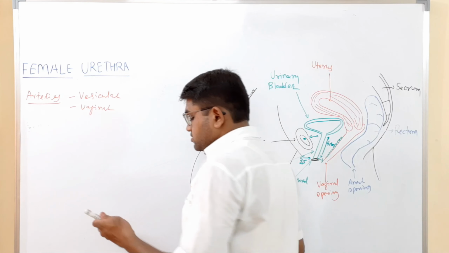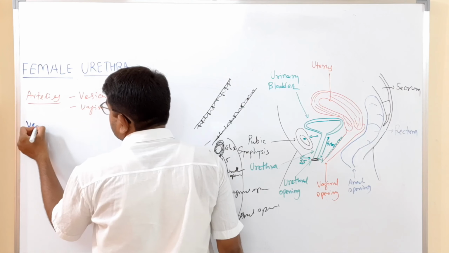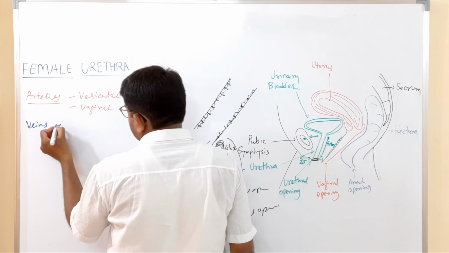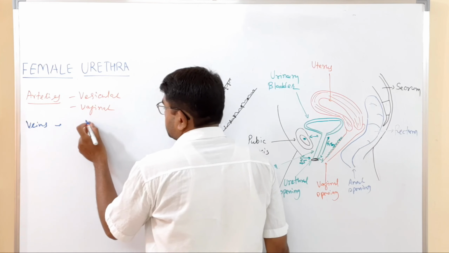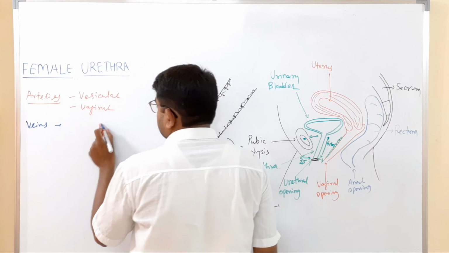Then the veins. The urethral plexus of veins is drained into the vesicular venous plexus.